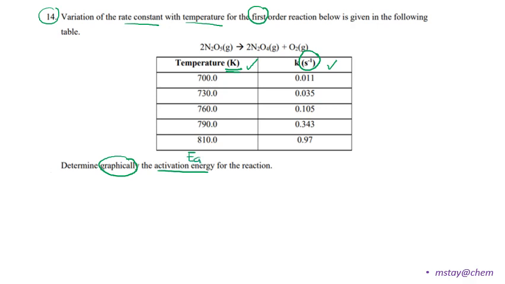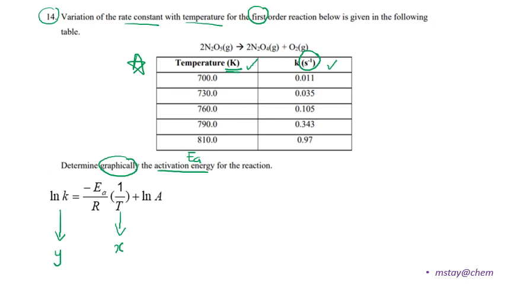When we are given a question like this, we know that we are going to use the Arrhenius equation, which is ln K equal to negative EA over R, 1 over T, plus ln A. From this equation, we know that the y-axis is ln K, while the x-axis is 1 over T. Before we can plot the graph, we need to change the values in this table.